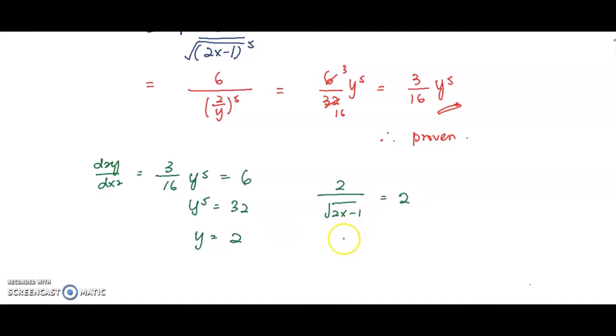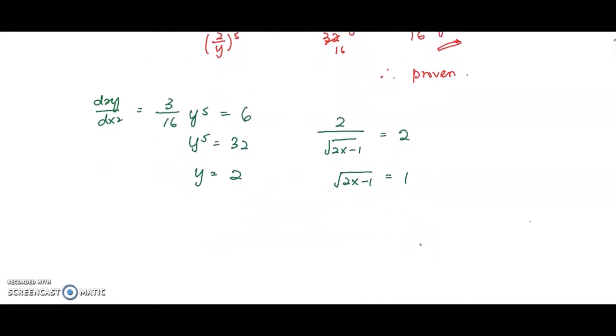Now you can see that the square root of 2x minus 1 equals 1. Squaring both sides, you have 2x minus 1 equals 1, so 2x equals 2, x equals 1. This is our answer: when d²y/dx² equals 6, x equals 1.